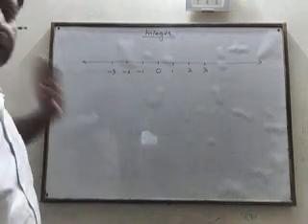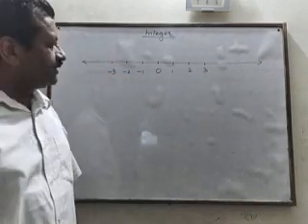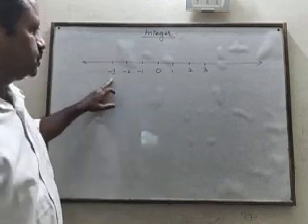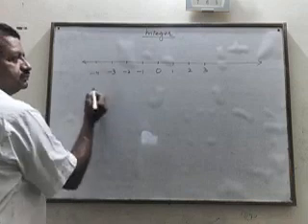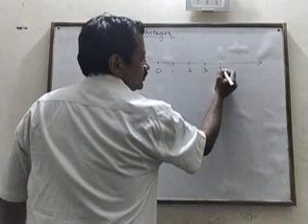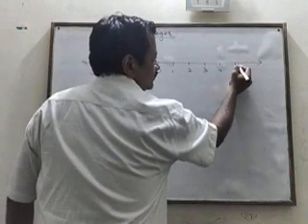These are negative integers. Minus 1, minus 2, minus 3, minus 4, 4, 5.